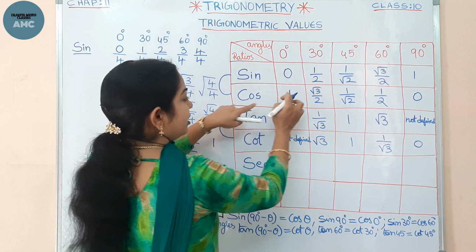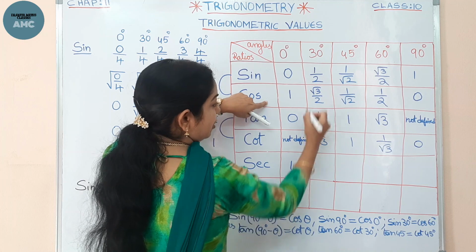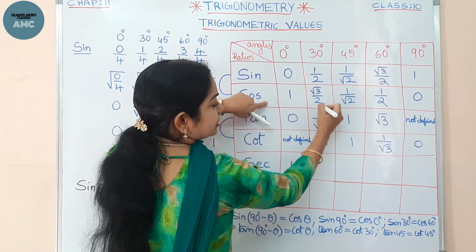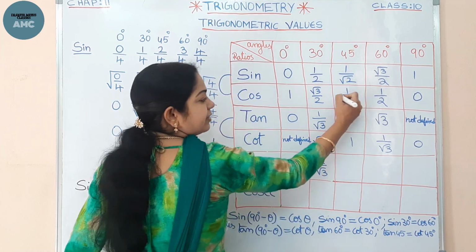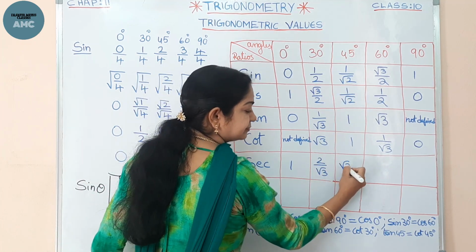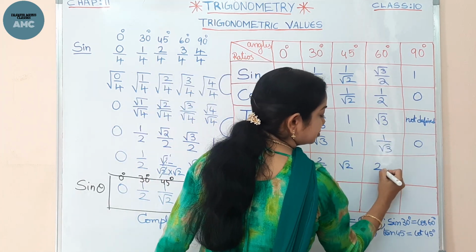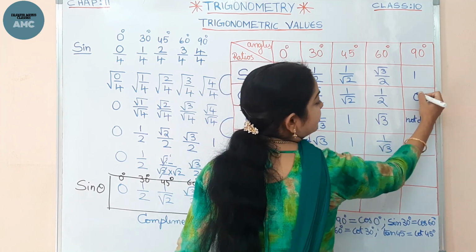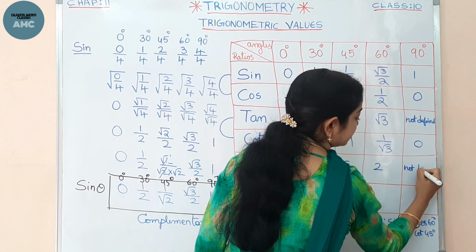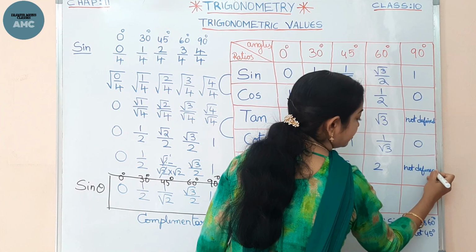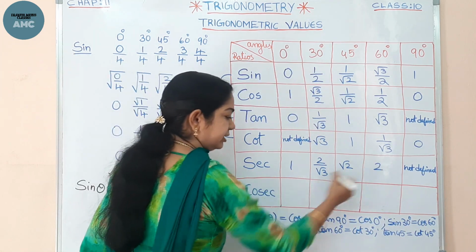So what we have to do is divide 1 by the cos values, and you get secant. 1 divided by 1 is 1. 1 divided by root 3 by 2 comes to the top, 2 by root 3. 1 divided by 1 by root 2 comes to root 2 by 1, so simply root 2. 1 divided by 1 by 2 is 2. 1 divided by 0 is not defined. Infinity you can write. Now simply we can also do the crisscross method.